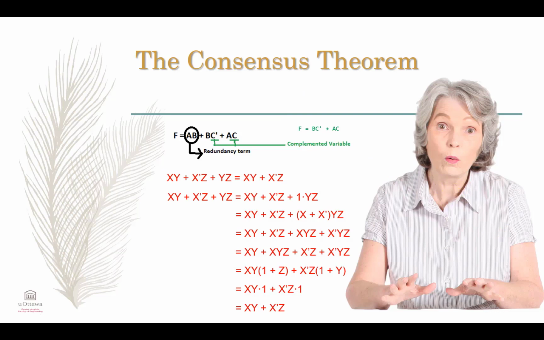So what I can do is, for the terms containing the complemented variable, which in my case is C, I should keep it and omit the redundant term. In other words, if you have a function that has three variables, those variables repeated twice, and you have one variable that is repeated as itself and its complement, you should just take the one with the complement and throw away the redundant term.